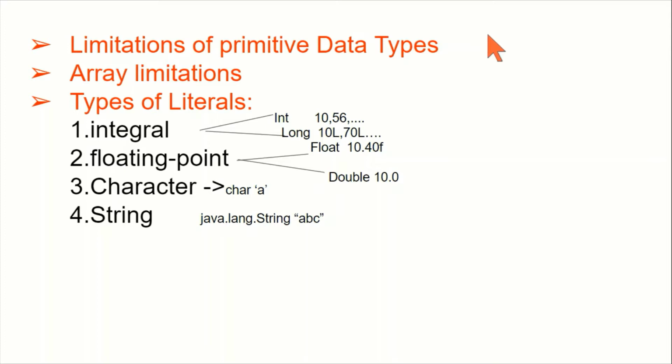Next, limitations of primitive data type. Using primitive data type, we can't store multiple values in continuous memory location. Because of this, we are facing two problems. First one, to store multiple values, for example 1 to 100, we must create 100 variables, and all those variables are created in different memory locations in JVM.